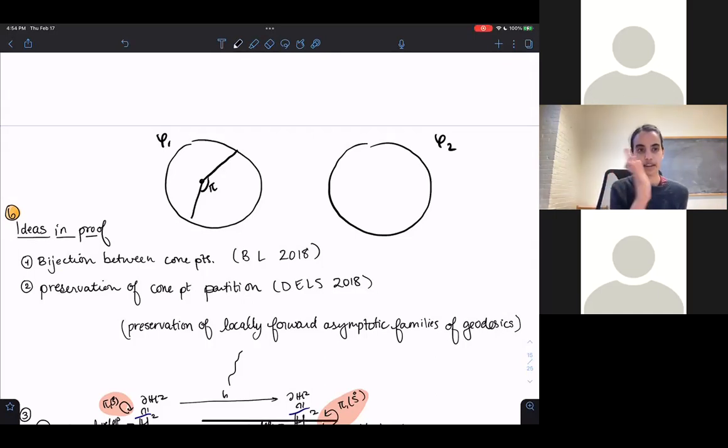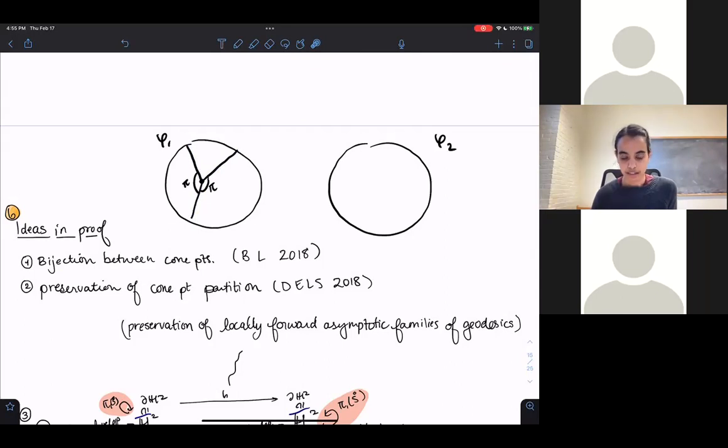I can approximate this geodesic with non-singular geodesics coming from the right-hand side. And I can approximate with non-singular geodesics this other singular geodesic that makes pi on the other side. So I have these two here, this one and this one.